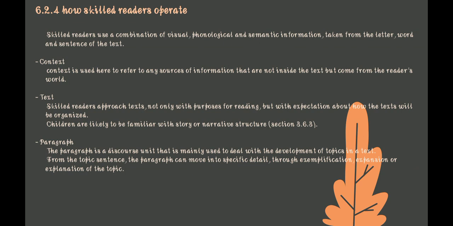And point two, text. Skilled readers approach text not only with purposes for reading but with expectations about how the text will be organized. For example, they may go straight to the index to find a relevant section and will use the pictures and diagrams to supplement information from the written text.